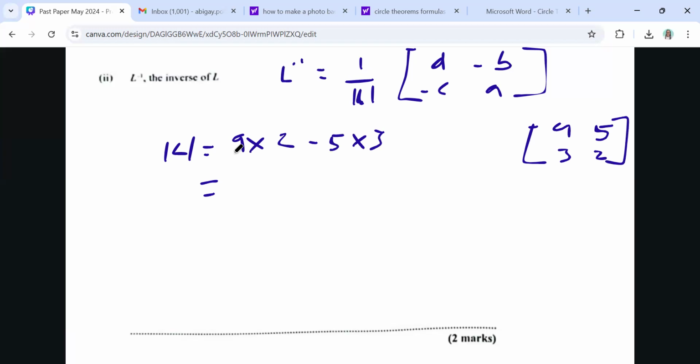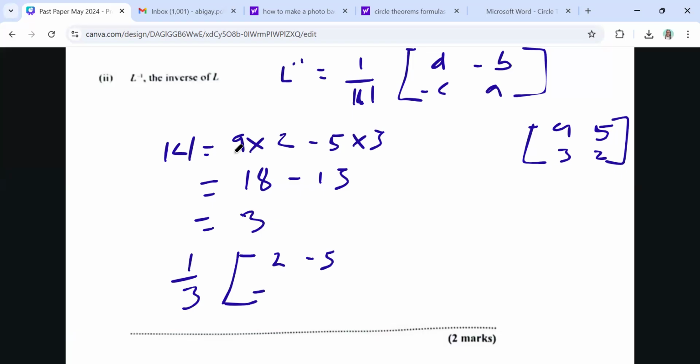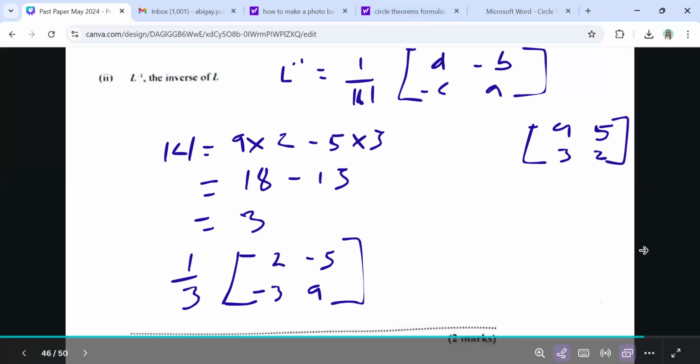So that is 18 minus 15, which will give you 3. So our determinant is 3. So this is how it looks, 1 over 3. And my D is going to be up here, so 2 is going to be up here, 5 is going to be negative 5, 3 is going to be negative, and A is going to come down here. So this is how it should look like. And that is 2 marks.